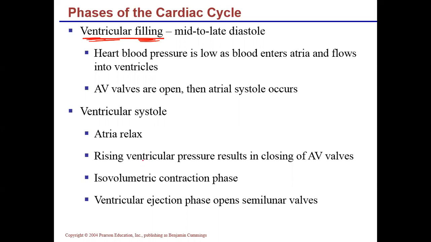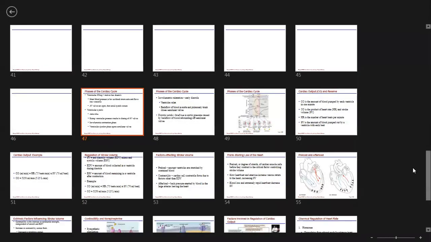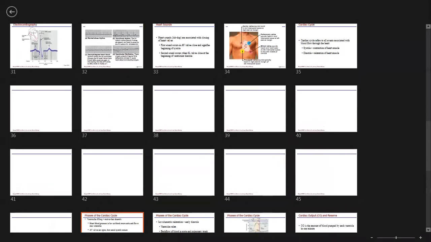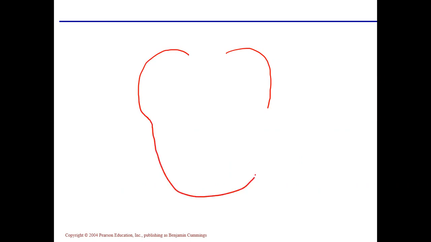At the end of the cycle, atrial systole is occurring. For those of you that told me you are visual learners, I'm trying to give you the idea visually so you can understand what's going on. So pretend that this is the heart atrium, and you can have the ventricles at the bottom.